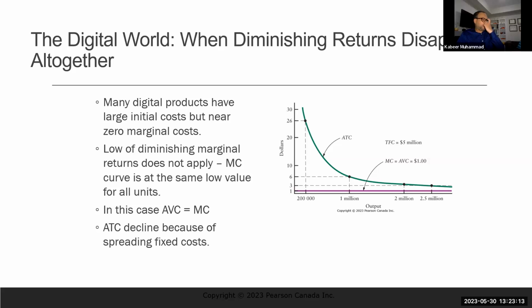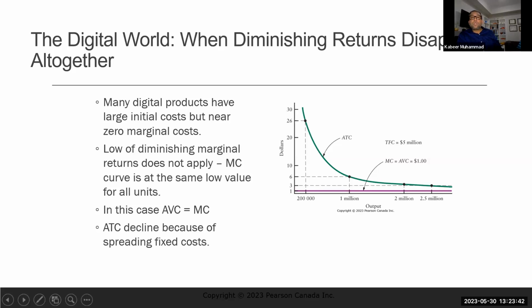We need an initial cost to develop and make that, right? But after that, if you sell to more people, or want to produce more copies of the software, the movie or an app, the cost is almost zero.